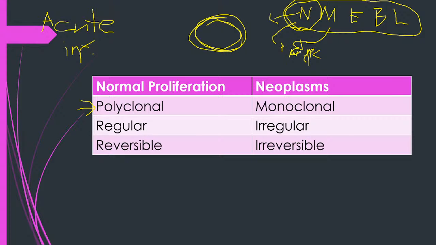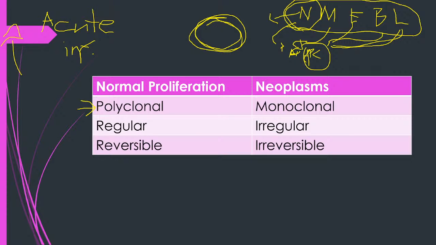But the best one would be your macrophages. Macrophages will come in and release cytokines to cause the proliferation of the other white blood cells, and that is what you call polyclonal. Each of them will increase at their own rate, at different levels.